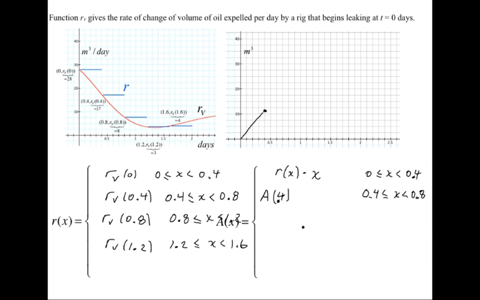Okay, that's how much we've accumulated up to that point, and then you want to do what? What is this A of 0.4 relative to what we've been talking about in the last 2 weeks?